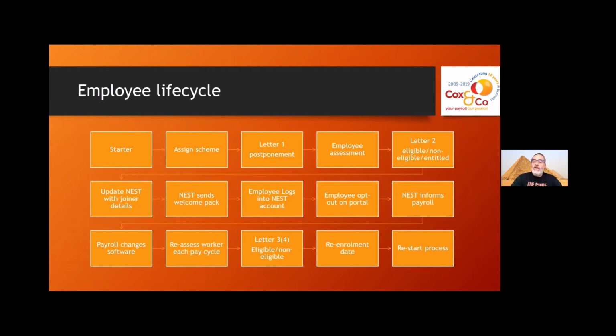And if you tell them too late, the letters refer to a timeline which tells them they've got 30 days to opt out. And actually they haven't, because NEST have had them on their books for a week or 2 weeks, and so NEST think they've only got a lesser amount of time. So the timing of those communications is important. You've got to make sure they're synchronous, at about the same time. It doesn't work otherwise.